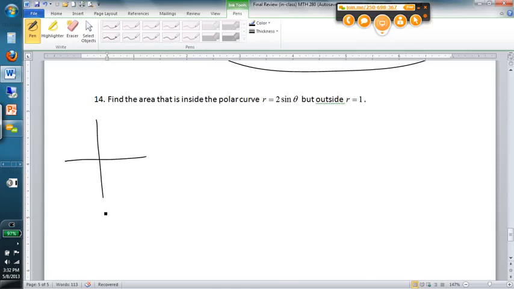I can change my mode to polar. 2 sine theta, r equals 1. Zoom in a bit. Here's what I got. 2 sine theta looks like this. R equals 1 looks like that.